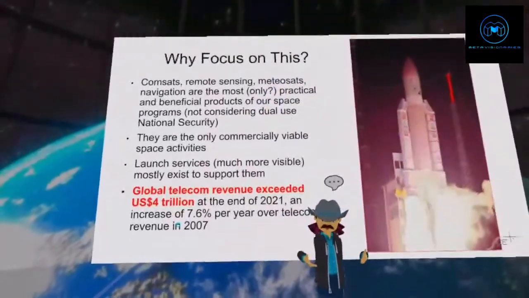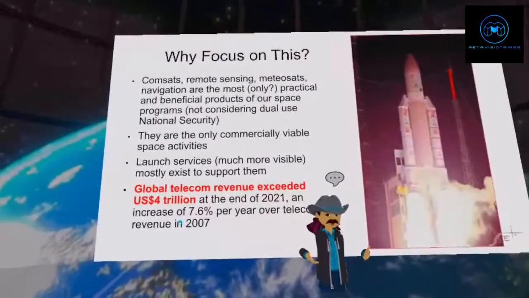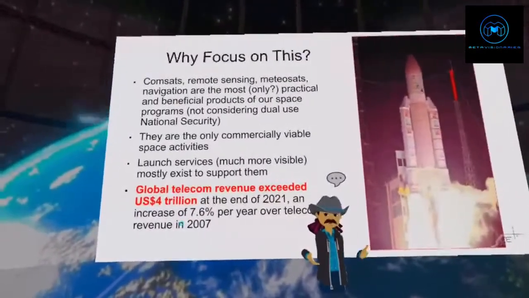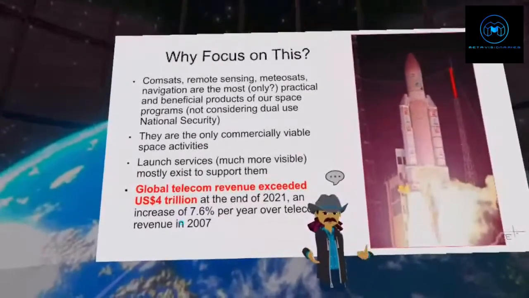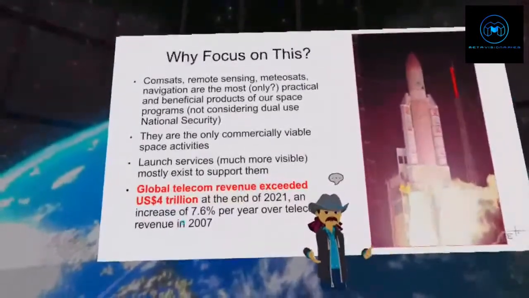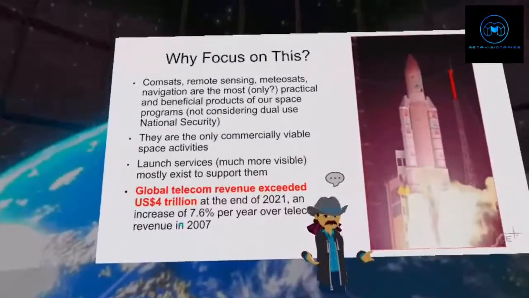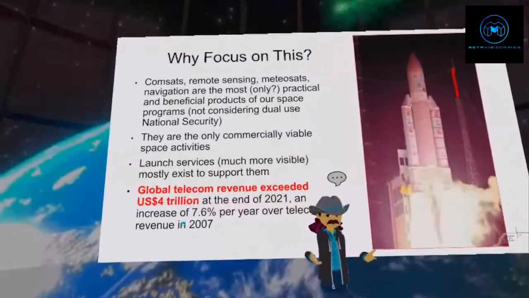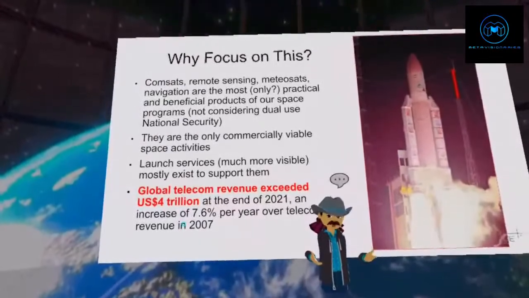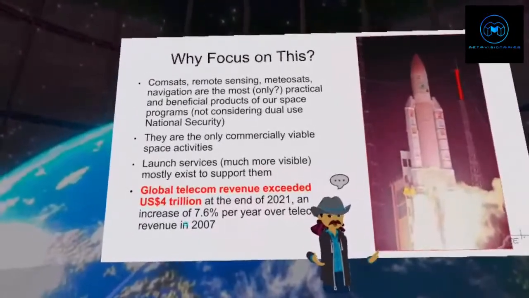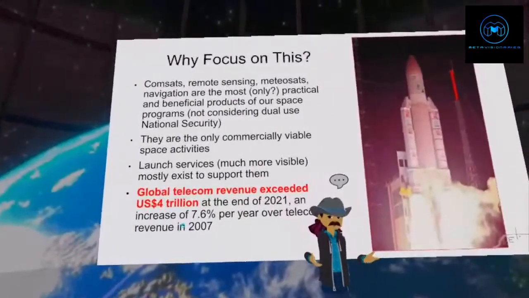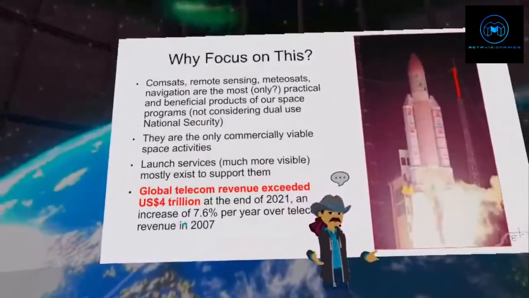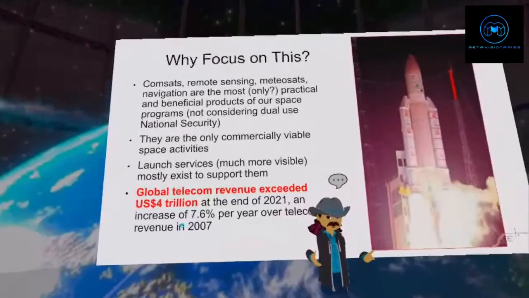So, why do we want to focus on this? Why do we really want to talk about this? As I said before, remote sensing, telecom, navigation, these are really the practical benefits of our access to space, not counting dual use national security type activities or the fundamental space science that Jim Green and his colleagues do.